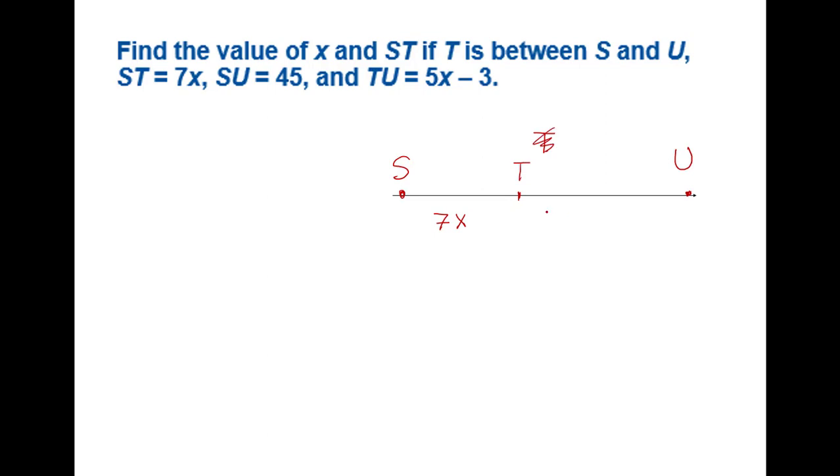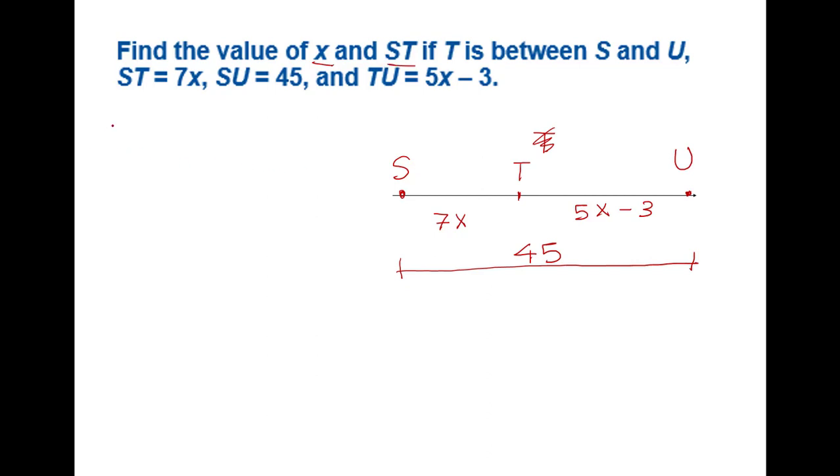And here he gave me that SU, the whole thing, is equal to 45, and he gave me that TU is equal to 5x minus 3. And he wants to find x and ST.